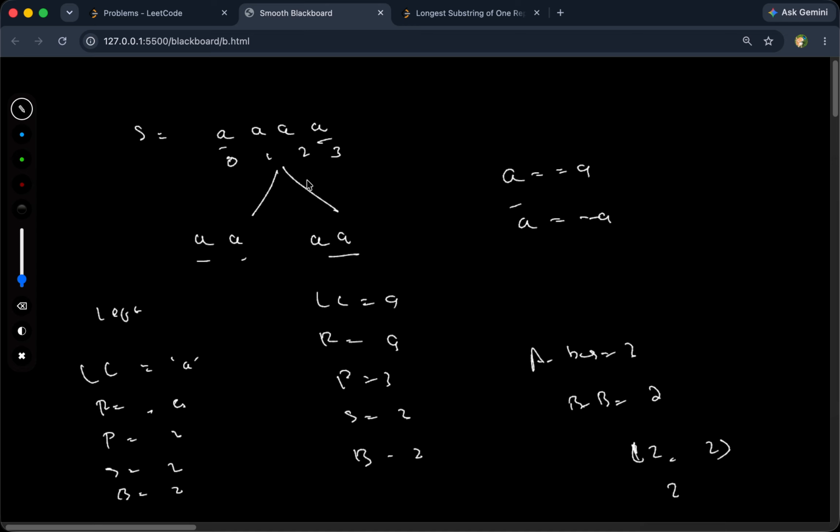Therefore the new prefix becomes 2 plus 2 and the new suffix becomes 2 plus 2 and the longest group also becomes 2 plus 2, which is 4. So the parent node represents a as total prefix and suffix 4, the best answer is 4. Okay, that's all.